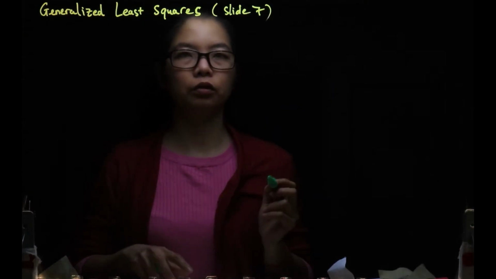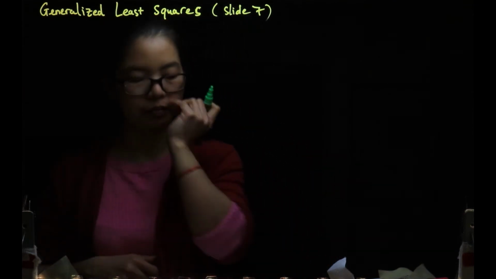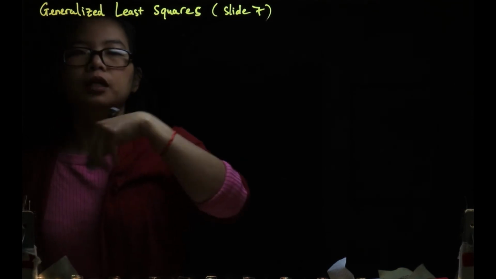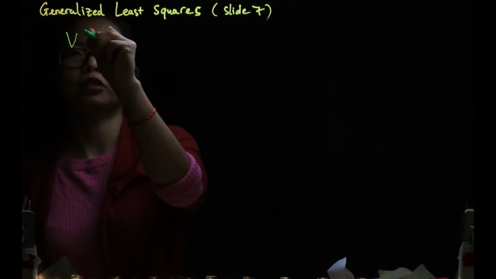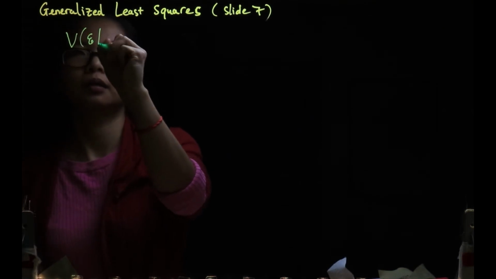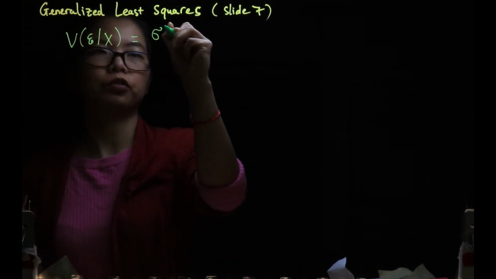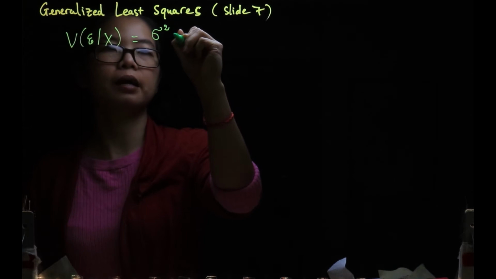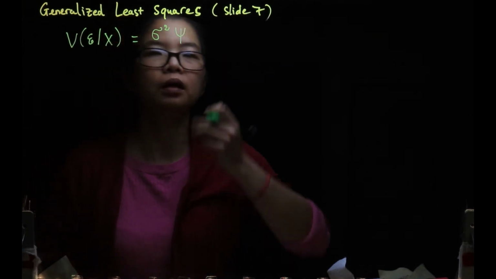Okay, now we're back to the board because I want to show you something on slide 7. So in a more general way, we could write the variance covariance matrix of the error term as a common factor sigma square times a matrix.